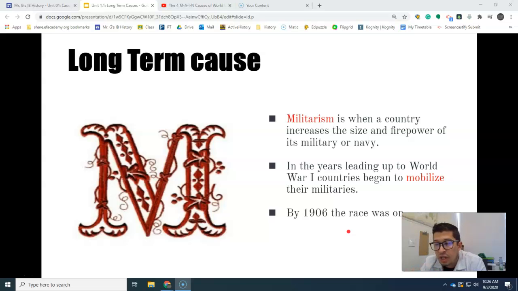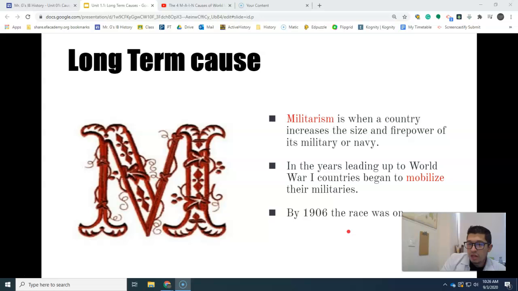The worst thing you can do when you're learning a word is go to dictionary.com or use Google and Wikipedia and copy and paste a definition. You're not going to remember that definition at all. I want you to come up with definitions in your own words. That's going to tell me that you really understand what that word means. So militarism, these are my definitions. These are not dictionary.com definitions.